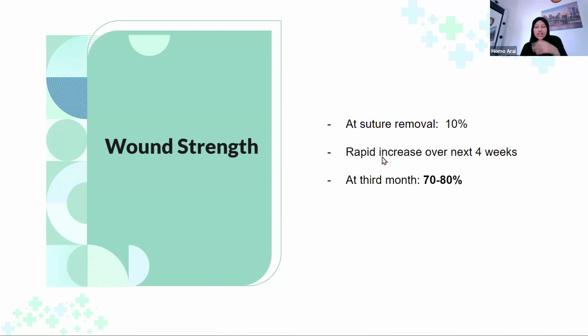It will rapidly increase in strength over the next 4 weeks, over the month. At the 3rd month, again this is just an example, over a long period of time, you will have 70 to 80%. What's important here is that this is the maximum wound strength after injury.